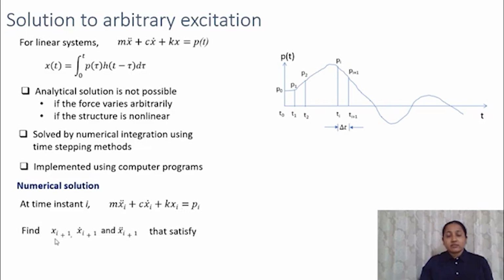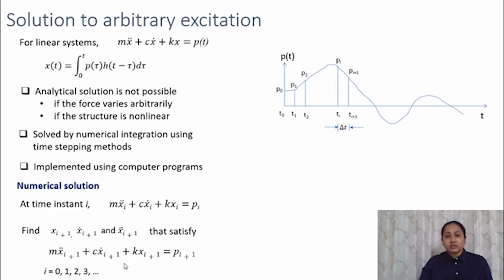To find the displacement, velocity and acceleration at the i plus 1 instant, we can solve the equation of motion at t is equal to t(i+1), that is m x double dot (i+1) plus c x dot (i+1) plus k x (i+1) is equal to P(i+1).